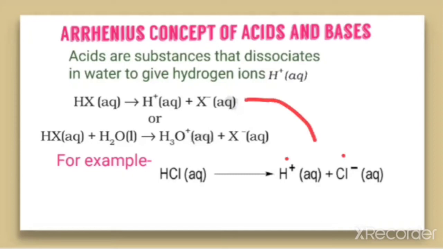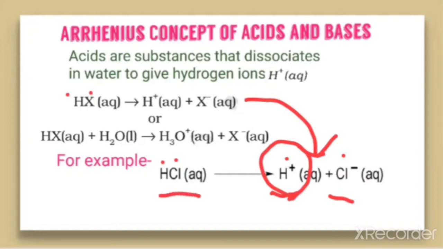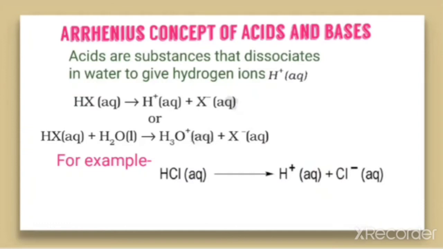Let us take an example: HCl gives H plus and Cl negative. Particularly for HX, one example is HCl. So HCl dissociates into H plus ion and Cl negative. In the aqueous condition it gives H plus ion, therefore HCl is an acid according to the Arrhenius concept.